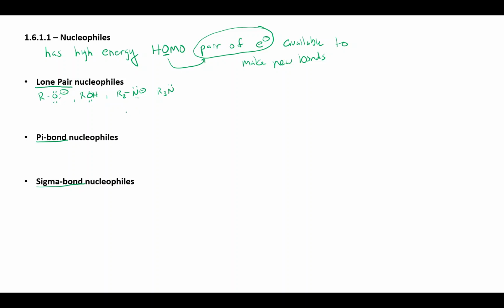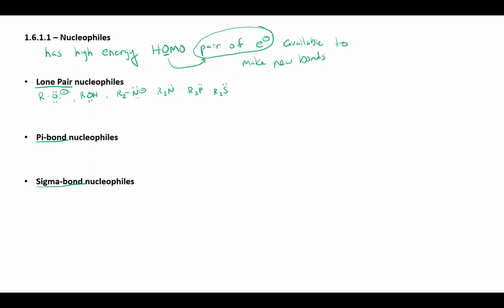R in these cases could be hydrogen, could be carbon, could be other things, right? We can also have more exotic things like phosphorus or sulfur, right? Neutral phosphorus, neutral sulfur, great nucleophiles. If you make those negative, even better nucleophiles, etc.